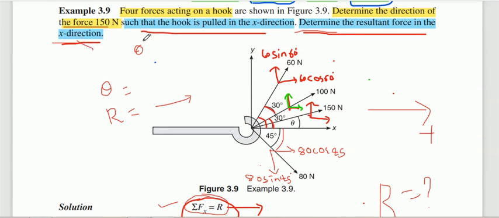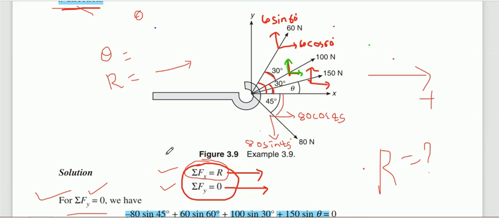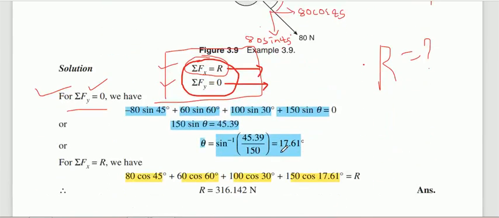So based on the given data, you need to write the condition first. Then again similarly you use summation of Fx, Fy, resolution and composition. Then you will get the answer. This is a somewhat different problem on the bracket, on the hook. Hope that you have understood the problem.